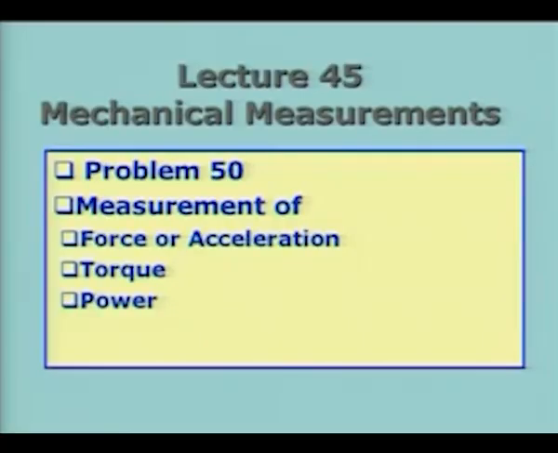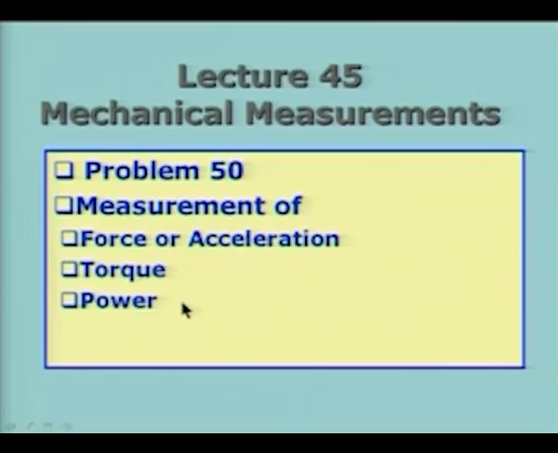In fact, that will also mean that we are going to complete our discussion on measurement of particulates and then move on to the next topic. So, in this lecture the problem 50 is the one which is going to come from the previous lecture, whatever is left out. Then we will look at some interesting things about measurement of force or acceleration, torque and power.